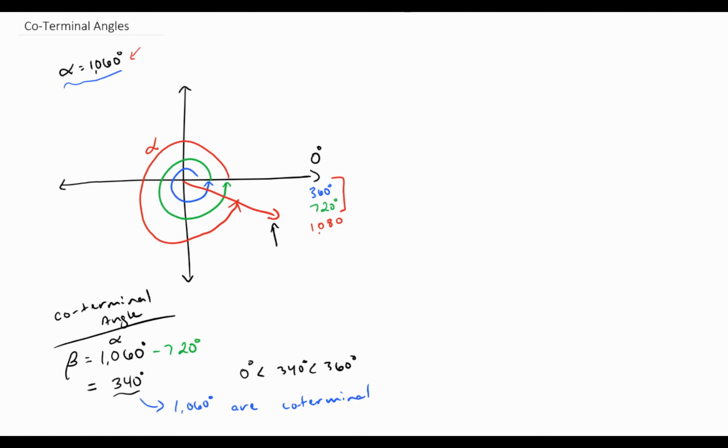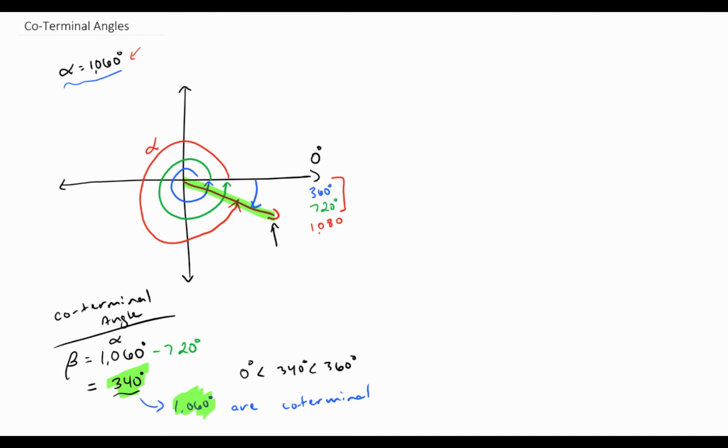What that ends up meaning is that if I want to get to this location here, I can choose to go around the block a bunch of times and go 1060 degrees, or I can just go directly to 340 degrees. In addition, you might note that instead of going in the positive direction, in this particular case, it's actually more efficient to just go in the negative direction.